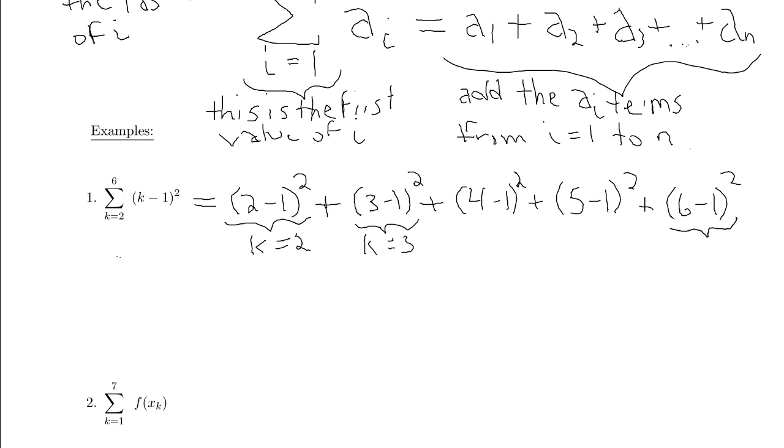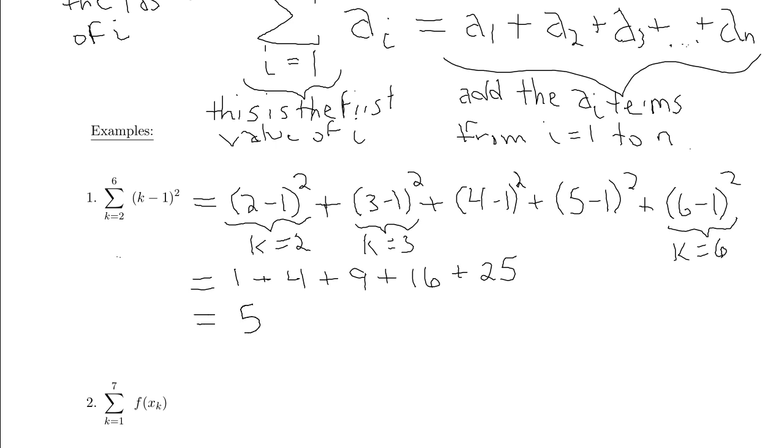This last term here is the k equals 6 term, and we know that we stop when k equals 6 because that's the top number on our sum symbol. Then all that's left to do is work out what this is. So (2 minus 1) squared is 1. So it's 1 plus 4 plus 9 plus 16 plus 25. And so we end up with 55.